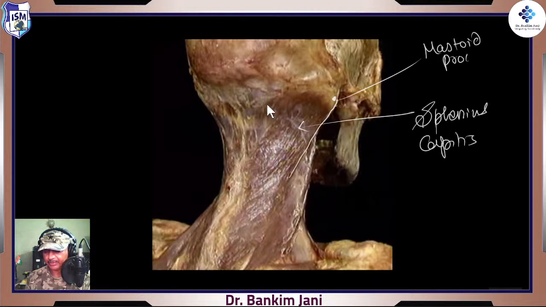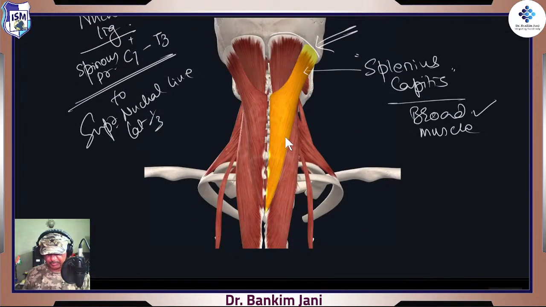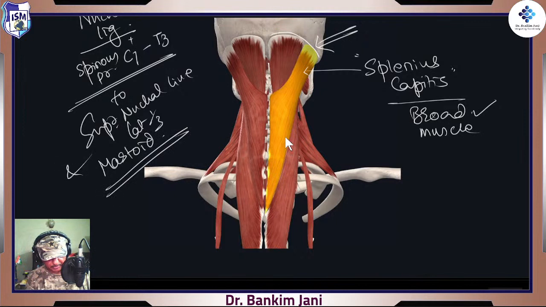Anything attached to the mastoid process, which is very tough and very powerful, would be a very strong rotator and extender of the head, right? Because it is such a big muscle, and over here is the mastoid.